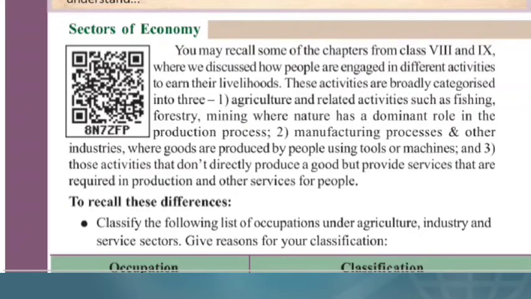Once again, the set of goods and services produced in a particular year, namely primary or secondary or service sectors, are known as sectoral goods. Understand?